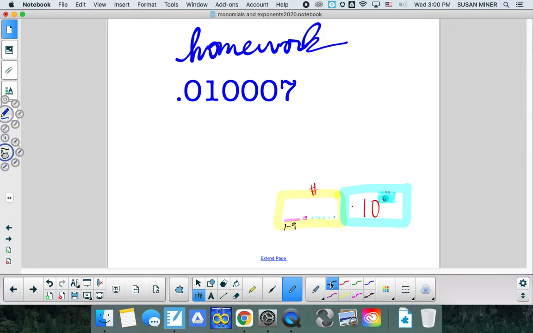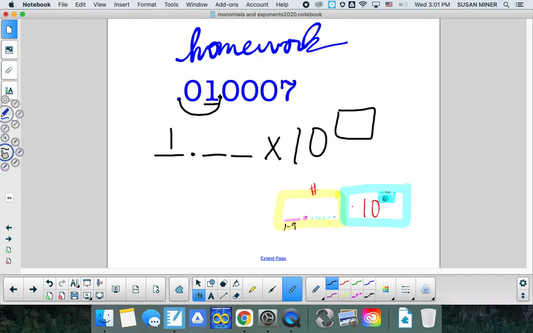Okay, if you're checking your work, what we want to do is set this up. I want a 1's place value and maybe a couple of place values back here, times 10, and then an exponent box up here to fill in. I want to write in the first non-zero number that I got to, and then I'm going to move my decimal place all the way over to there. Hold on, let's back up just a little bit.